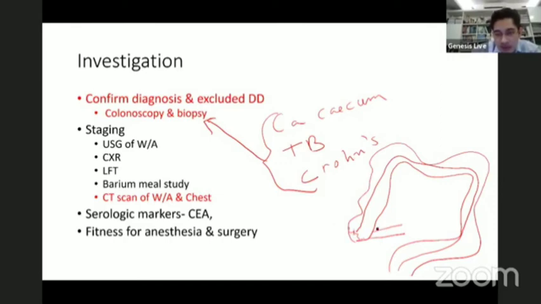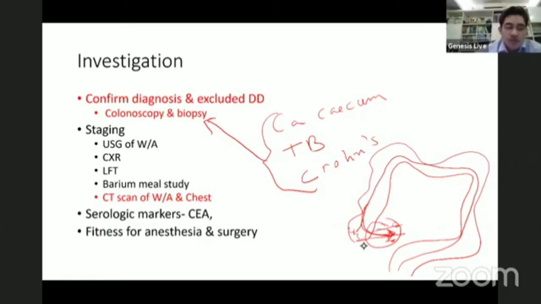Even if it is TB or Crohn's disease, which mostly involve the terminal ileum, the colonoscope can also enter over here. You have to be quite an expert colonoscopist for that, and then you can take a biopsy of it as well. So for these three diseases, the number one investigation should be the colonoscopy and biopsy.